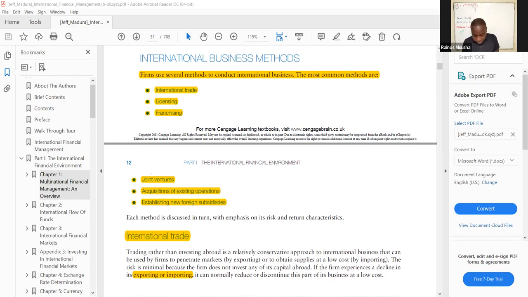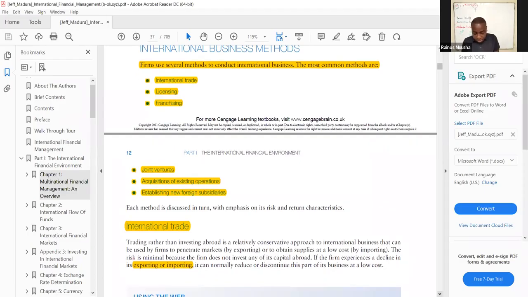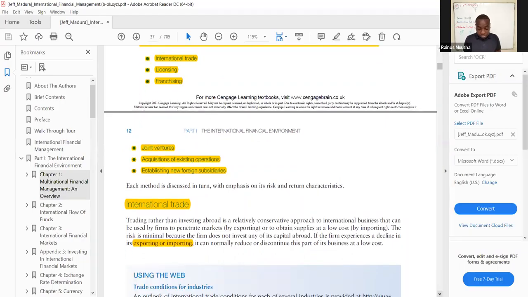When you look at international trade as an international business method, you are looking at the importing and exporting of goods and services. Under international trade, you are looking at import and export of what? Goods and services.